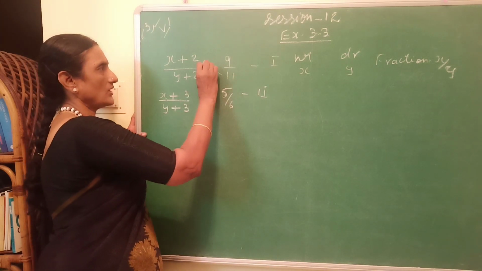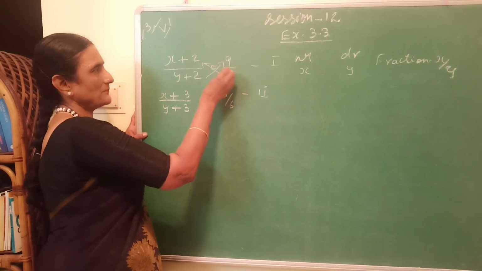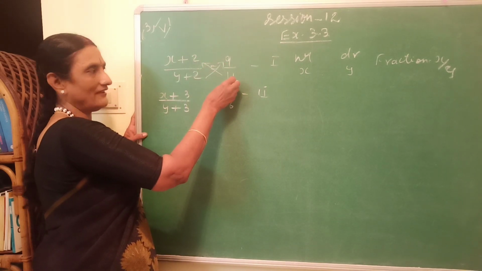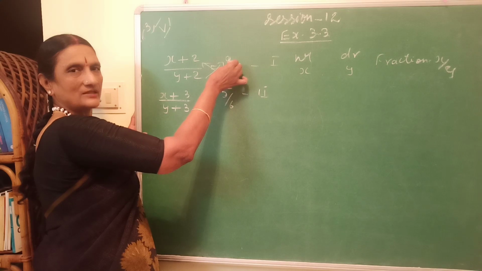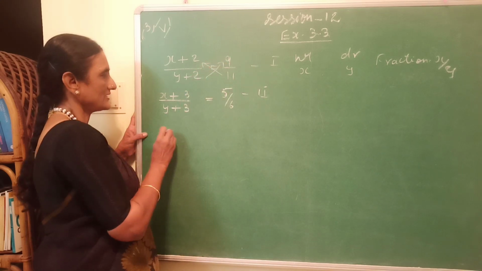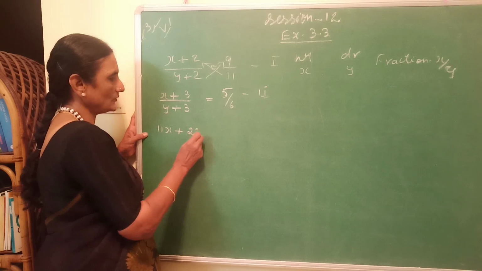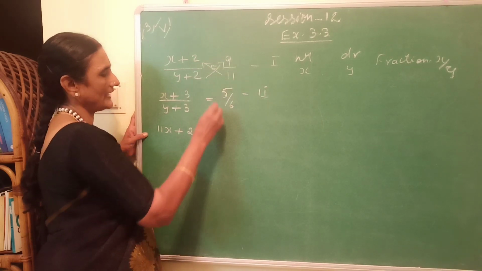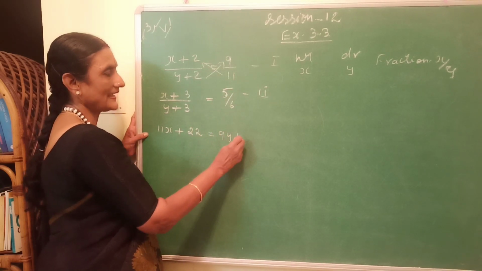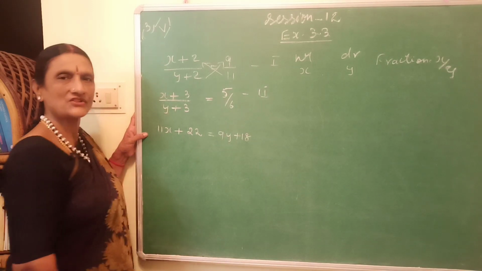If you cross multiply, x + 2 has to be multiplied by 11 and y + 2 has to be multiplied by 9. So it is 11x + 22 = 9y + 18. Understood?